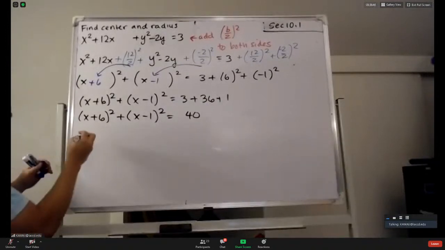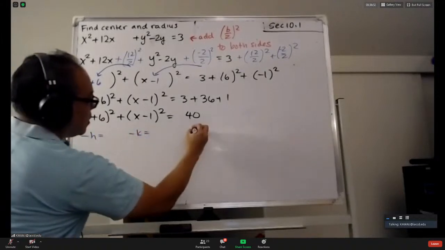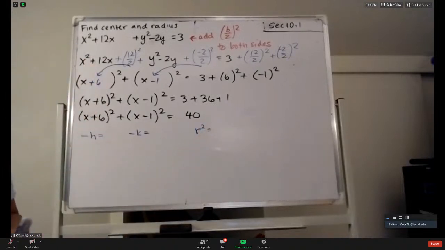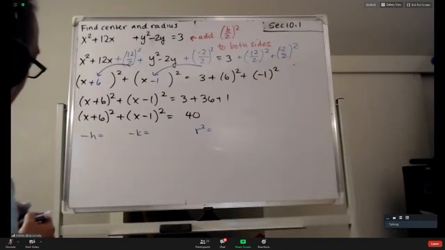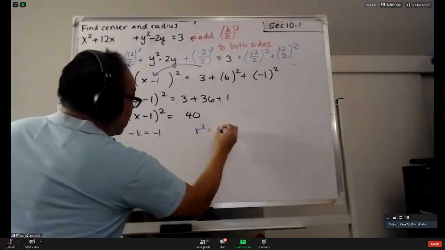And then you'll have minus h is equal to, minus k is equal to, and then r squared is equal to. Okay, so work your way down with that. So then you'll go 6 minus 1, 40.